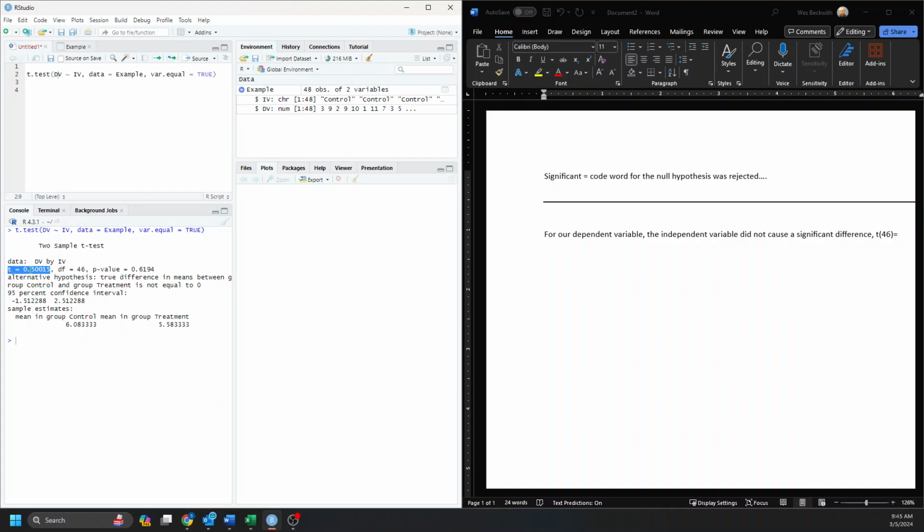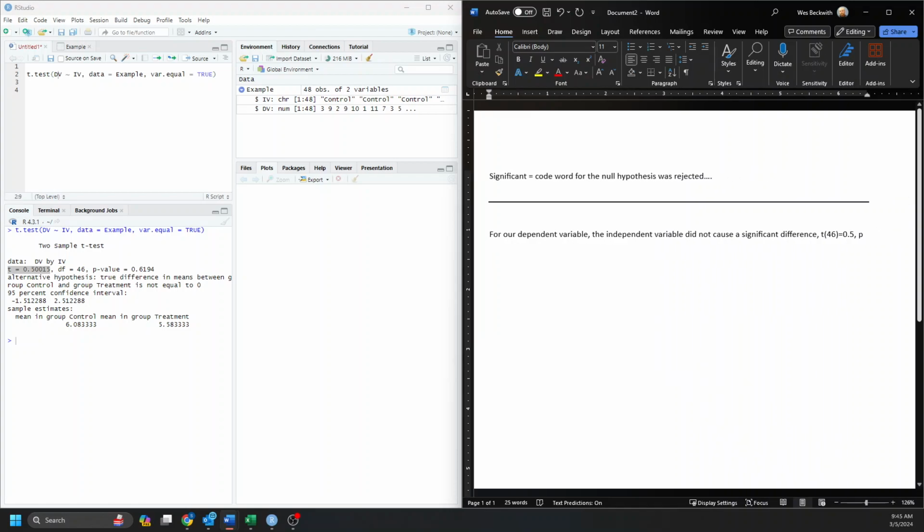In this case, it's 0.5, so it's very small, and 1 to 2 decimal places is the convention for reporting t-values. Then we need another comma. Now we can report our p-value, so p in this case is greater than 0.05. You could do that because we're talking about what our alpha level is.